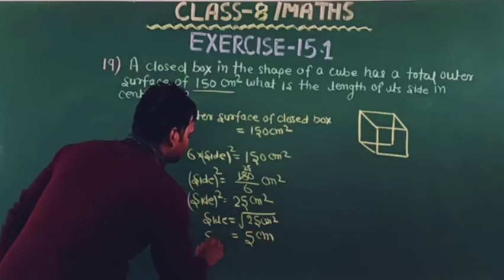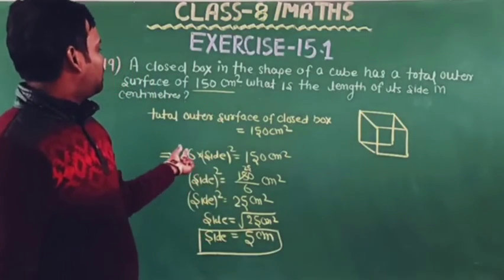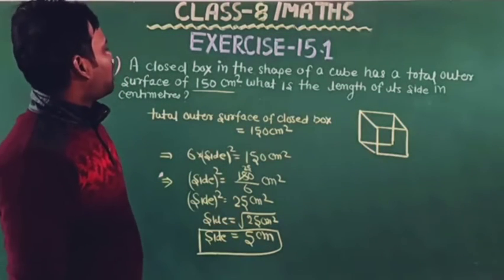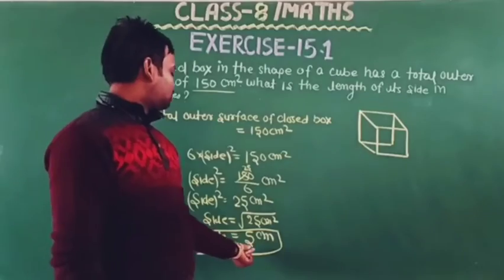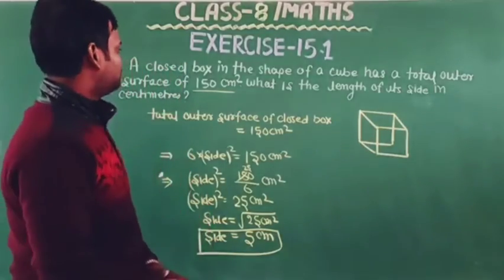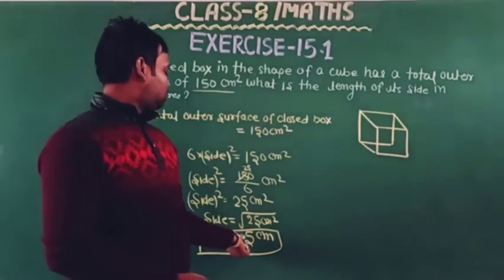So finally we get the side of the closed box equal to 5 centimeter.